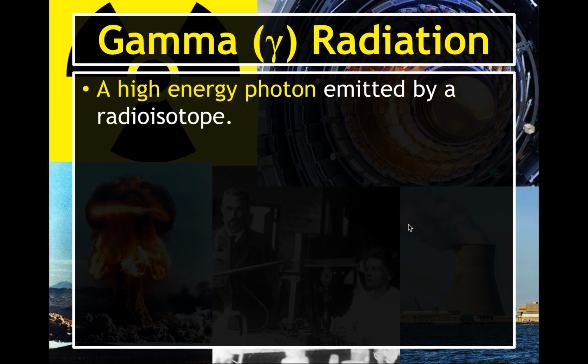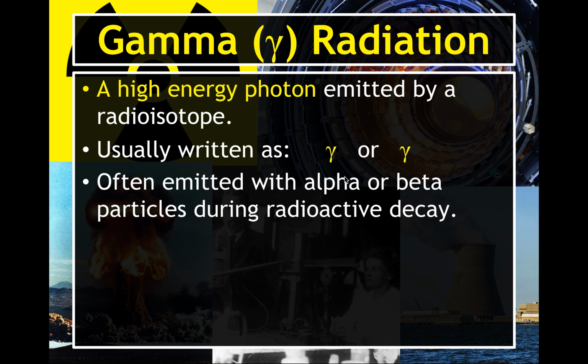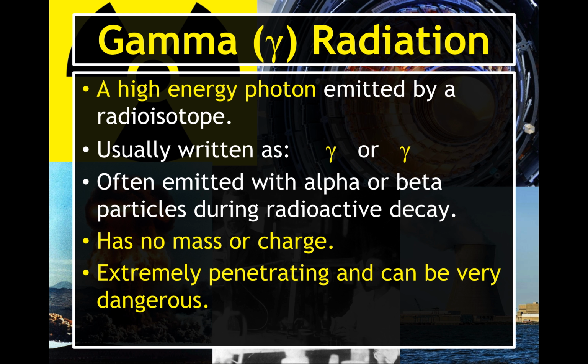Gamma radiation is a high-energy photon, and that's going to be emitted by a radioactive isotope. Usually we're going to write this as a gamma symbol. It's often emitted with an alpha or beta particle during radioactive decay. This has no mass or charge. It's extremely penetrating and can be very dangerous.